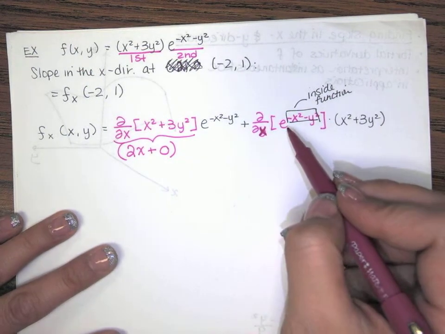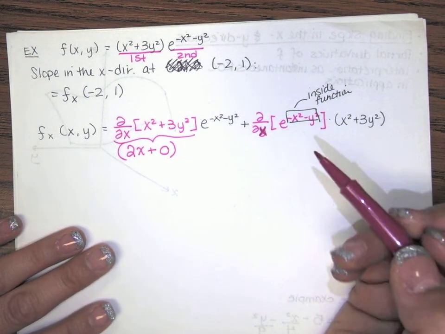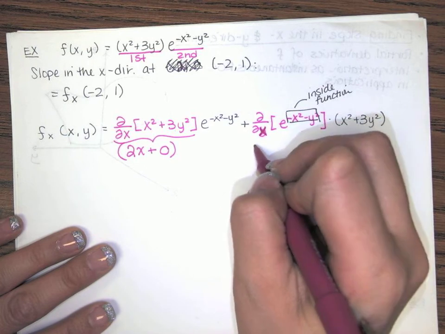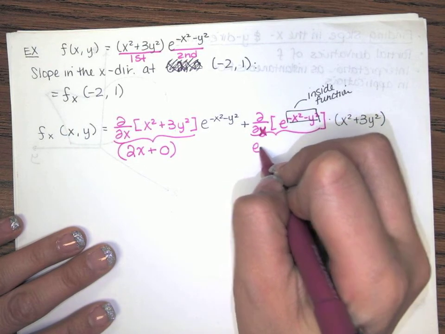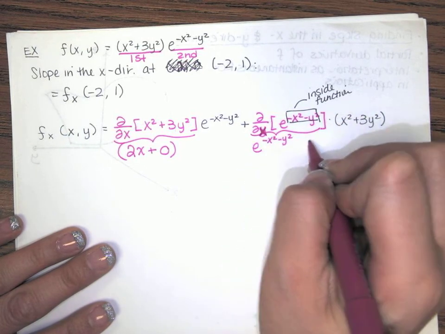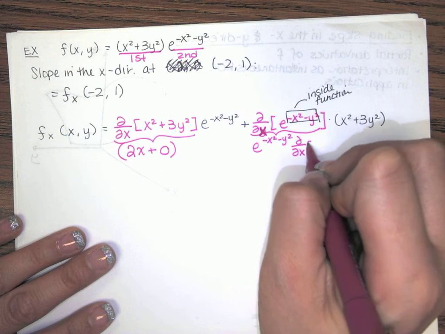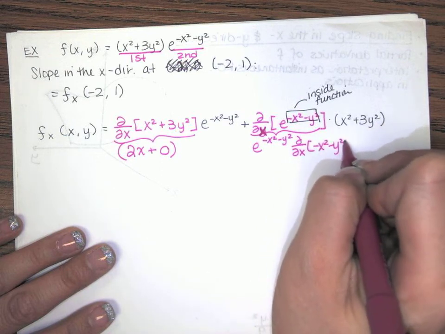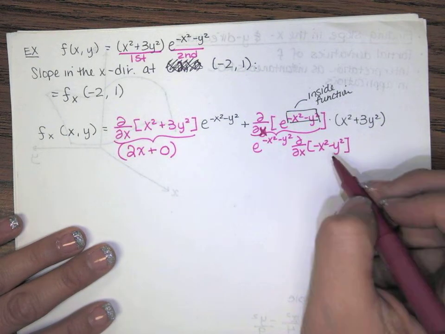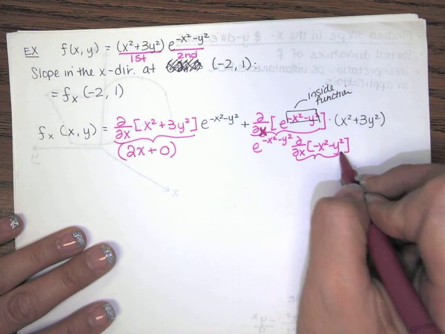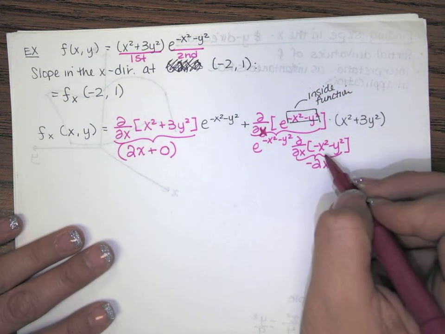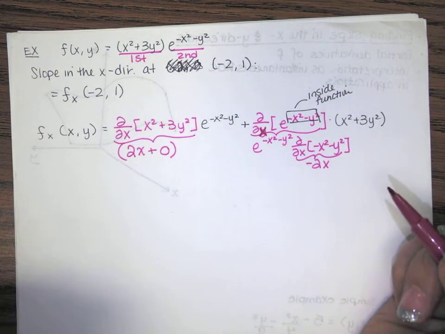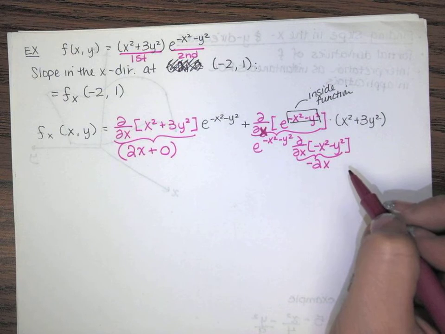All right. The derivative of e to some power turns out to be, by the chain rule, e to that power times the derivative of the inside with respect to x, treating y as a constant. And the derivative of the inside turns out to be negative 2x, and the derivative of the negative y squared is 0 because it doesn't have any x's in it.